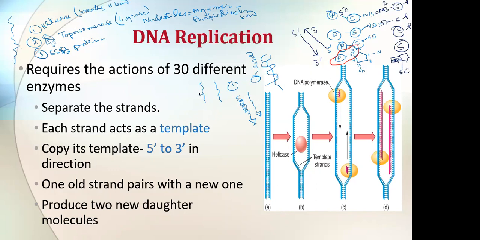Each strand works as a template strand, and that's the semi-conservative type. So basically, this is the template strand. This strand will make one complementary copy, and this is another template strand which is going to make another complementary copy, and that's how we are going to get two new strands. Now, this copying always occurs in the 5' to 3' direction.